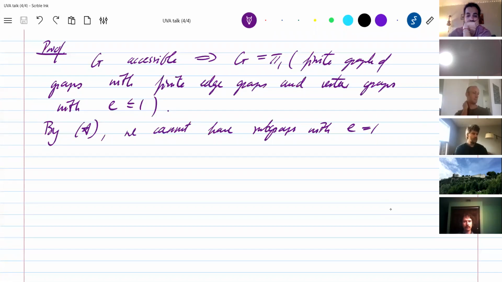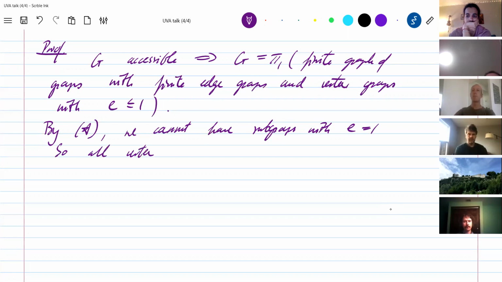What that would do is give me a copy of the Cayley graph of that subgroup inside the Cayley graph of my big group as a subgraph. Since my group is supposed to be minor excluded with respect to any generating set, this shouldn't be possible, right? So we actually cannot have any groups with exactly one end.